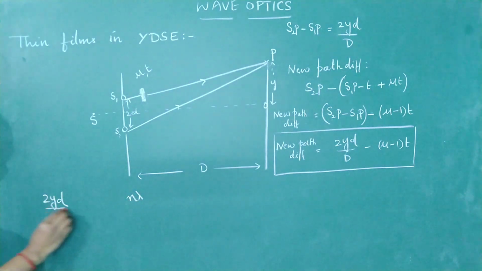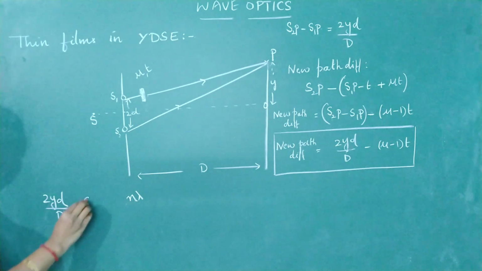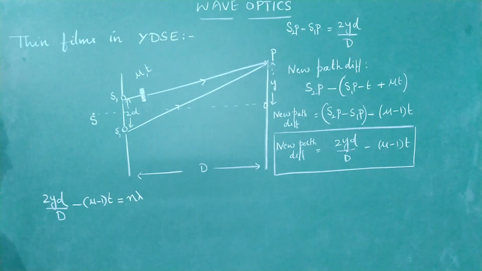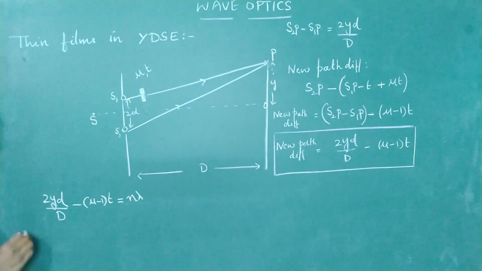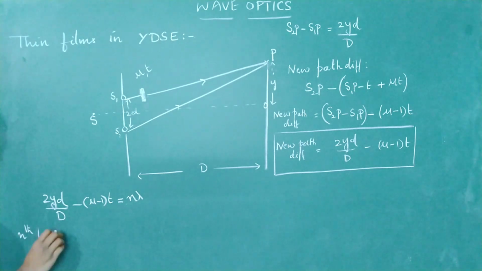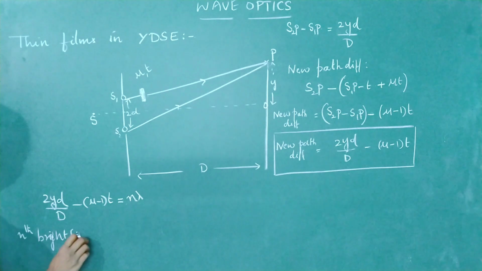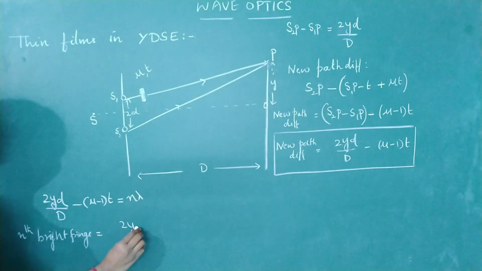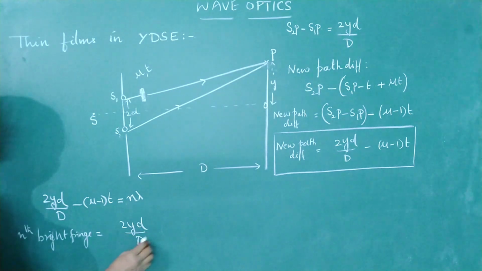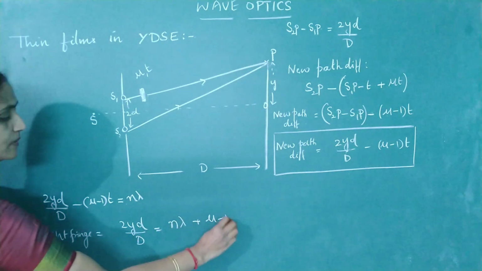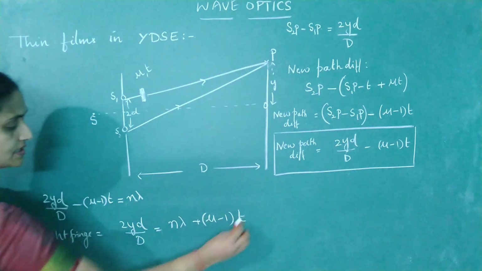2yd by D minus (mu minus 1) into t should be n lambda. So will y give me the distance of the nth bright fringe? Simplify it. 2yd by D should be n lambda plus (mu minus 1) into t.